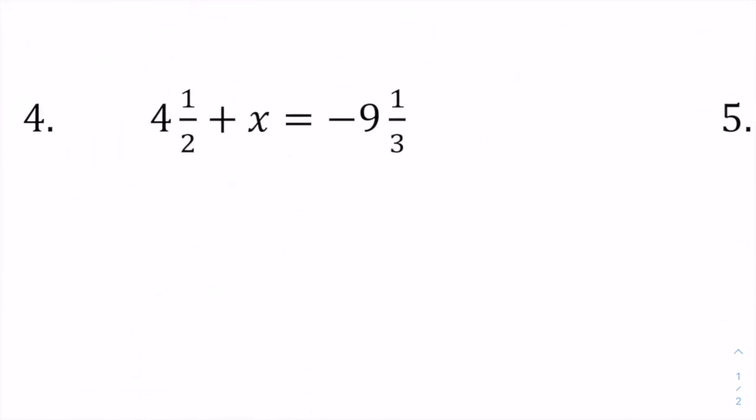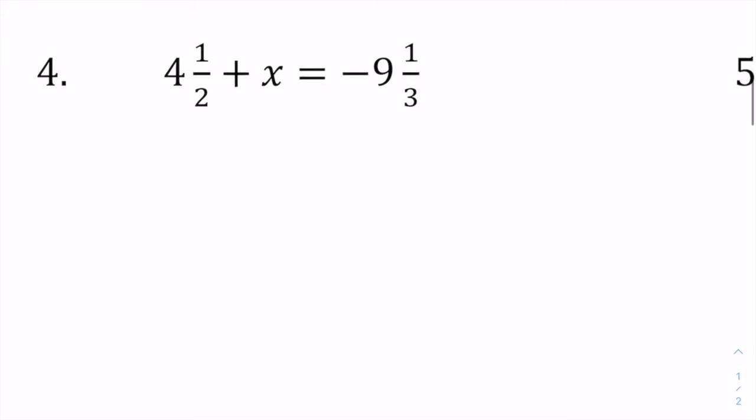Here we have mixed numbers, which I don't really like in equations, but just in case you see these come up. We want to subtract 4.5 from both sides. You might go ahead and subtract 4.5, but then over here you might also notice that we have a different denominator. So we're going to have to do a couple of things.